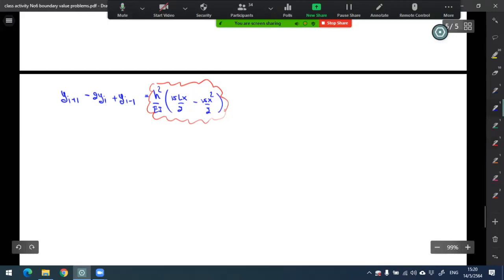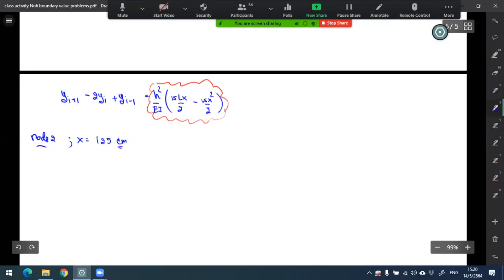So for node number 2, we start at node number 2. At node number 2, x is equal to what? x equal to 1.25 meter. For this case, I use x equal to 125 centimeter.